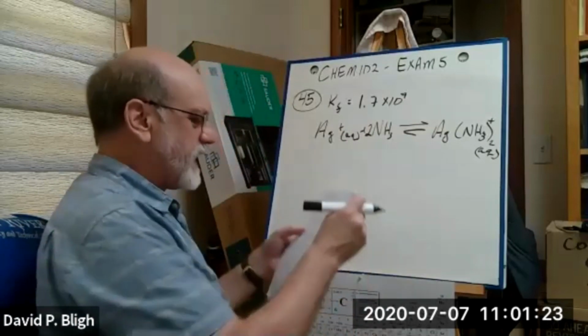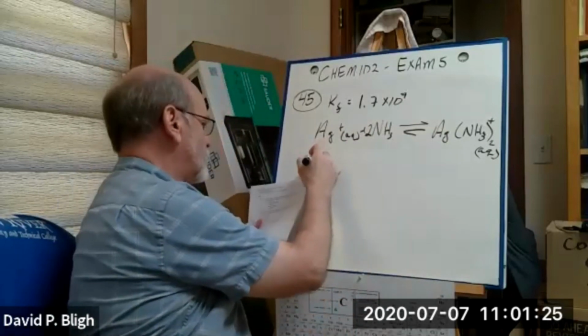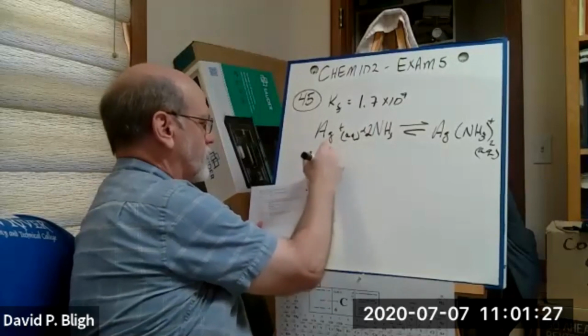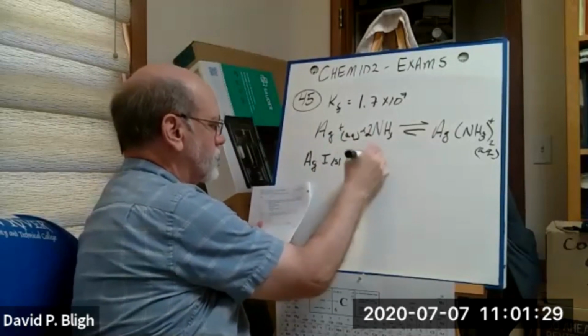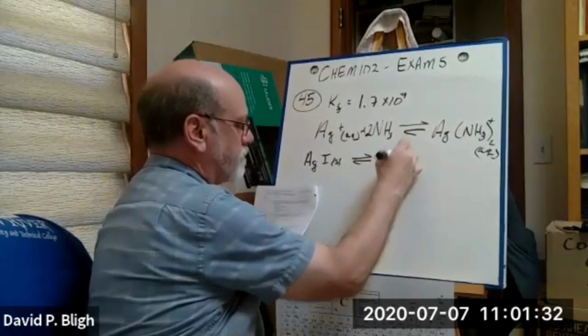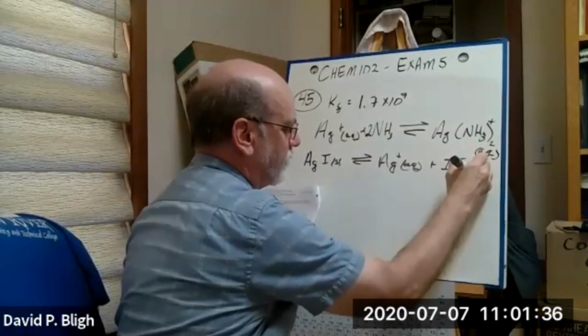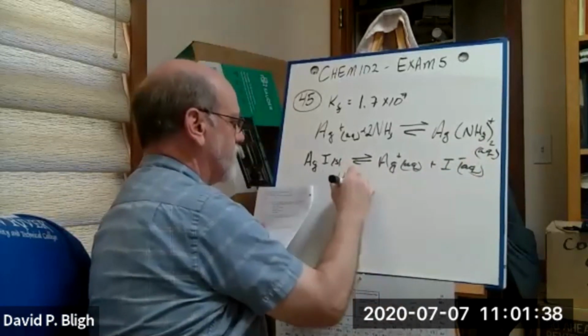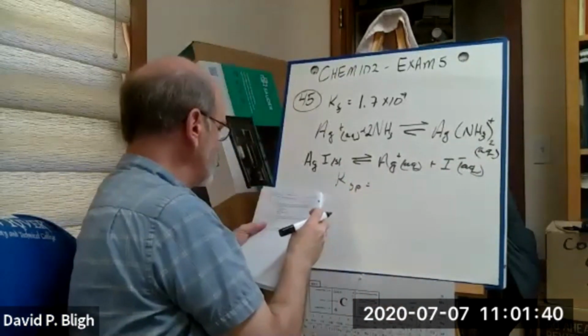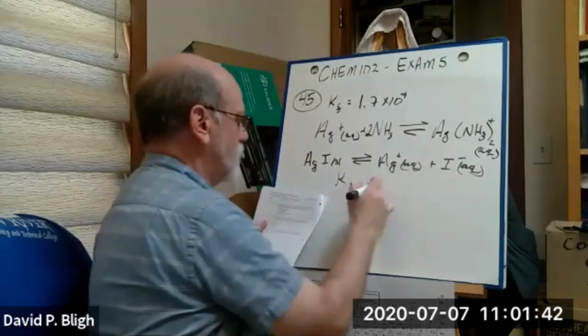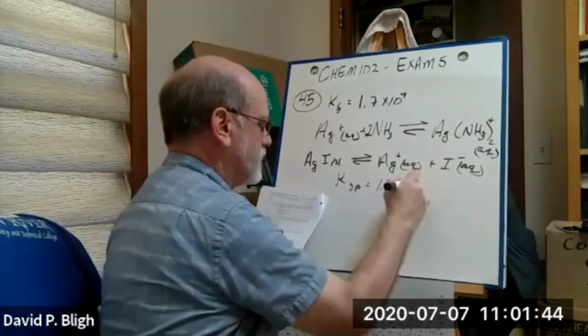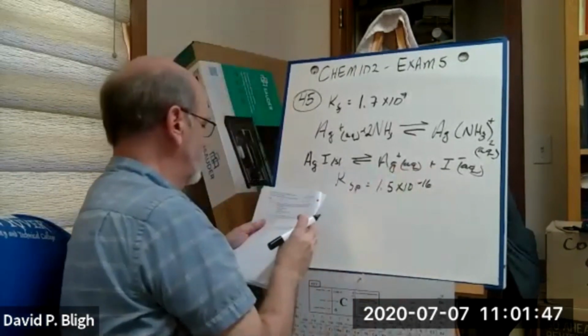Okay, the KSP for silver iodide that we just looked at a minute ago, KSP is equal to 1.5 times 10 to the minus 16.